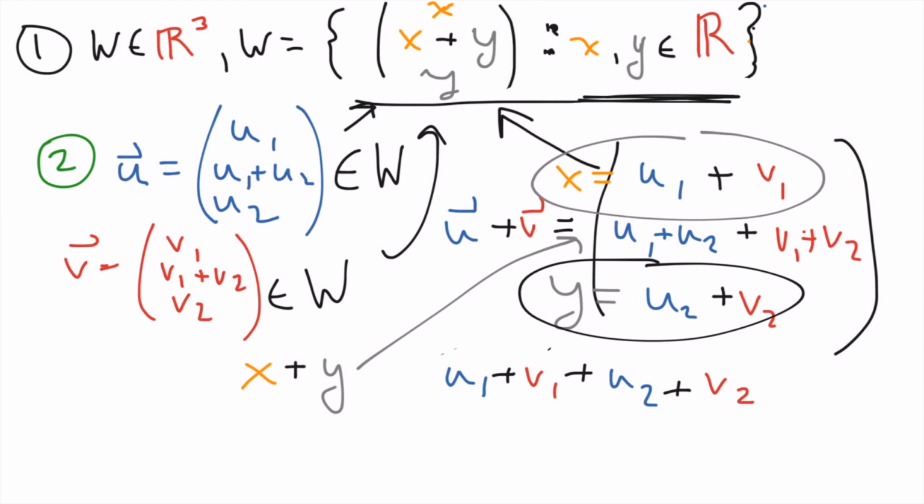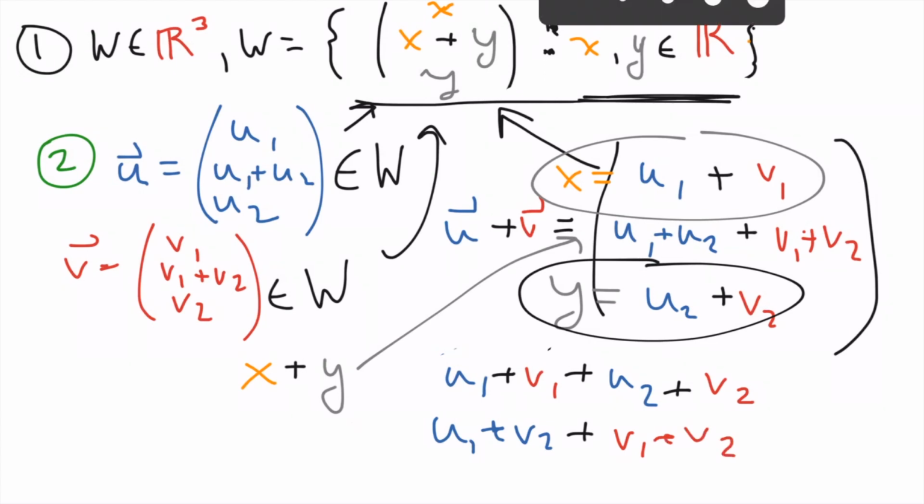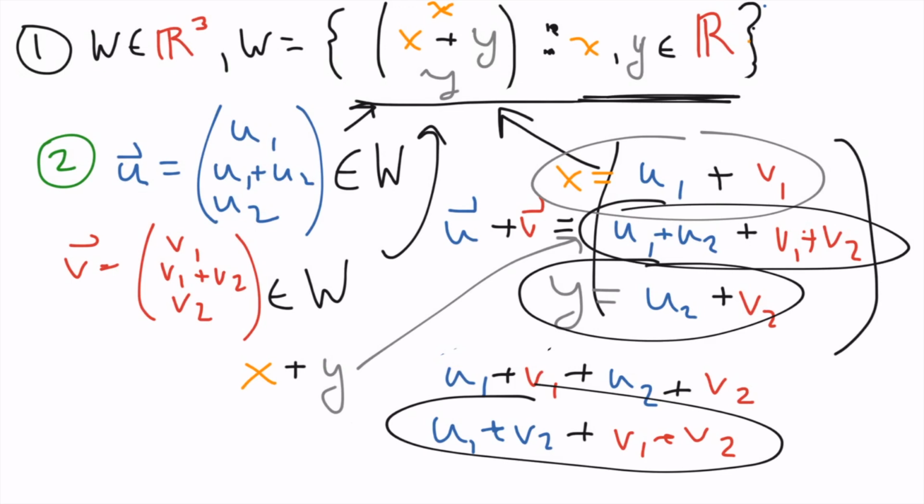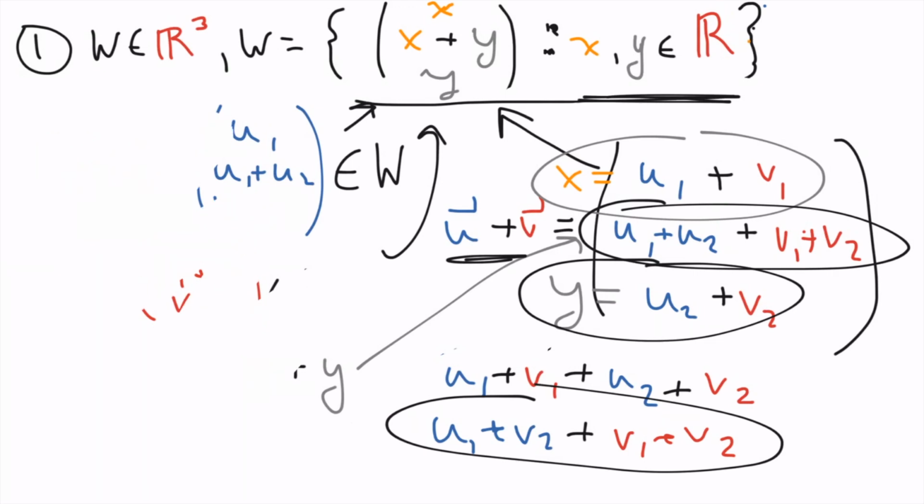And if we do a little bit of rearranging, we can just take out both U's over here and put U1 plus U2 plus V1 plus V2. And then we see that this is clearly equal to that, and therefore we know that their sum is in W, and therefore W is closed under vector addition. Okay? So there's that.